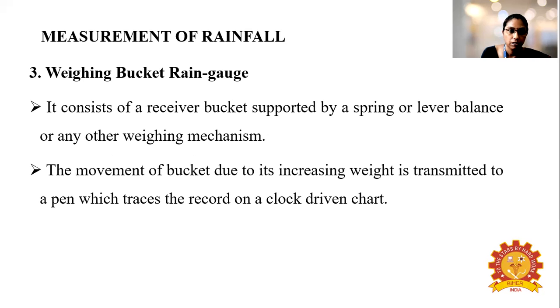In the diagram it is clearly shown. You have a funnel, and below that you have the receiving bucket which is supported on a spring balance or lever balance or any other weighing mechanism, and the bucket moves downwards due to increase in weight when there is more precipitation, and this movement is transmitted to a pen which traces or records on a clock driven chart.